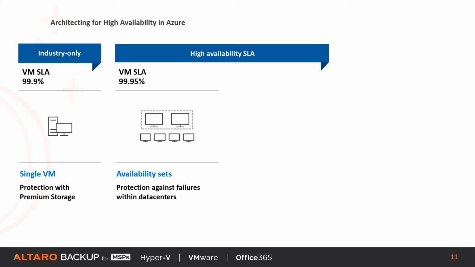If you need more than that, now you're talking about what Azure calls availability sets. This is where you pair 2 or more virtual machines in a set. And what this really does is it protects you against things like the rack your virtual machine is running on in Azure going down for maintenance, or maybe the PDU in that rack failing. Protects you against rack failures inside the data center like that.